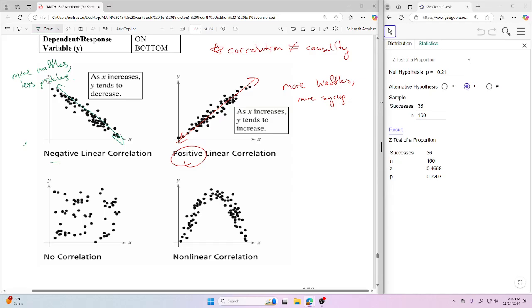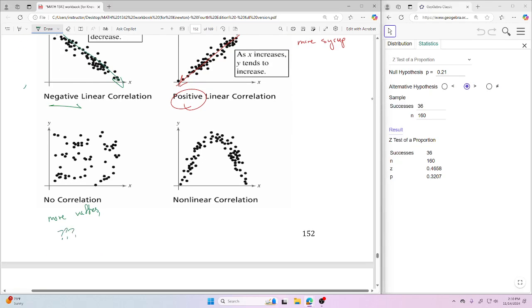Okay, so that would be the negative, as opposed to no correlation. So here's a weird one. The more waffles, question mark, question mark, question mark, elephants. Say what? Okay.